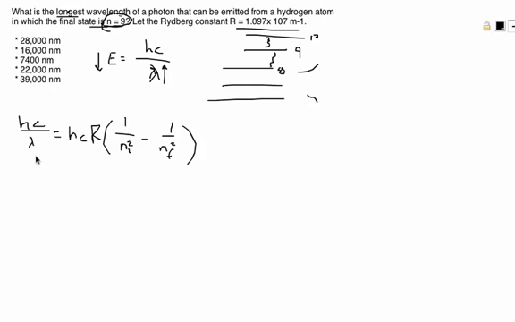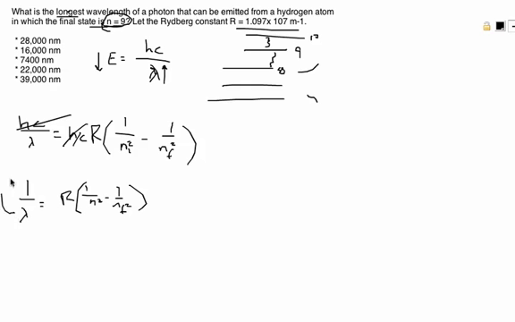If we were to cross cancel these, make it a little easier, and flip this over, so what we end up, if we cross cancel, is we got 1 over lambda is equal to R times that 1 over n squared minus 1 over n sub final squared.